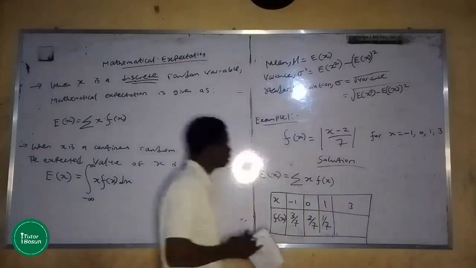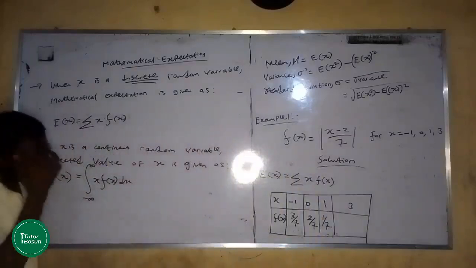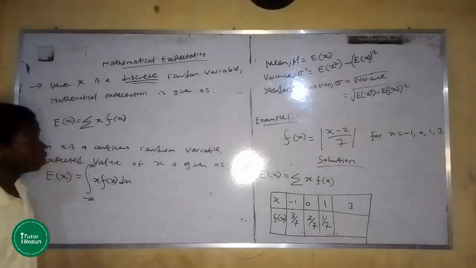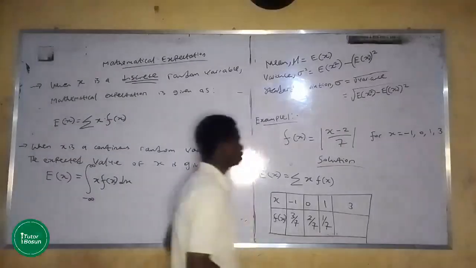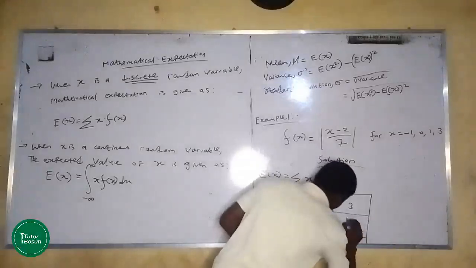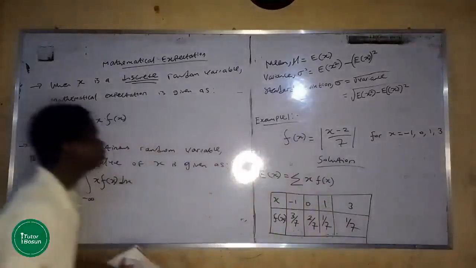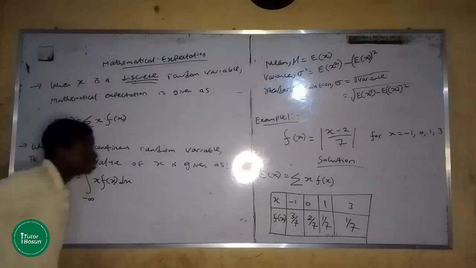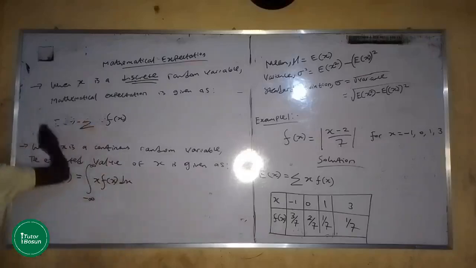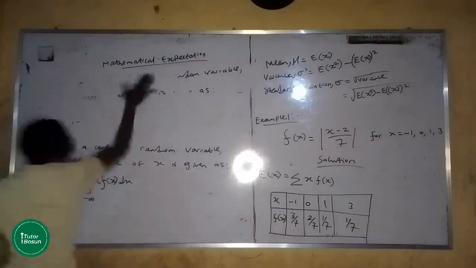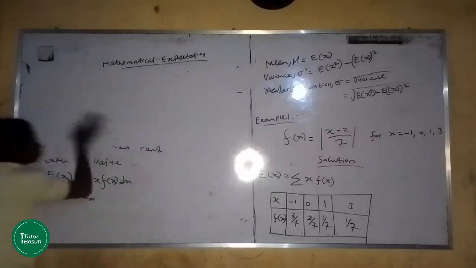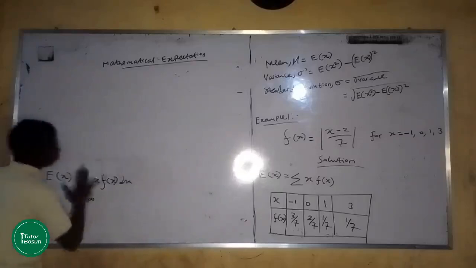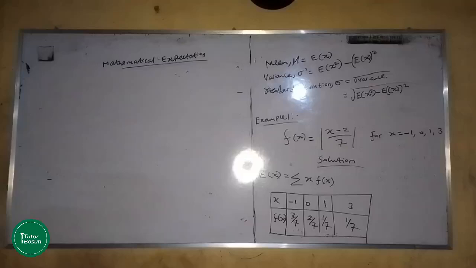Similarly for x equals 3, you have 3 minus 2, and that's 1 over 7 as well. So I've been able to determine all our f of x.